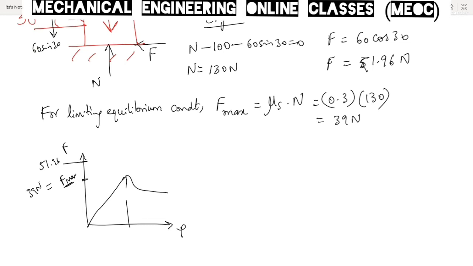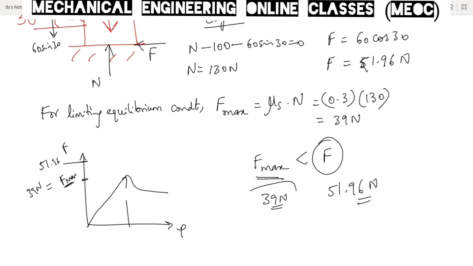For the object to stop, the friction that is required is 51.96, but the conditions are not satisfying that. So our F max has come out to be less than F. Means it should give a higher friction for the object to be at rest, which it is not able to give. It is giving only 39 Newton, whereas it has to actually give 51.96 Newton for the object to be still.